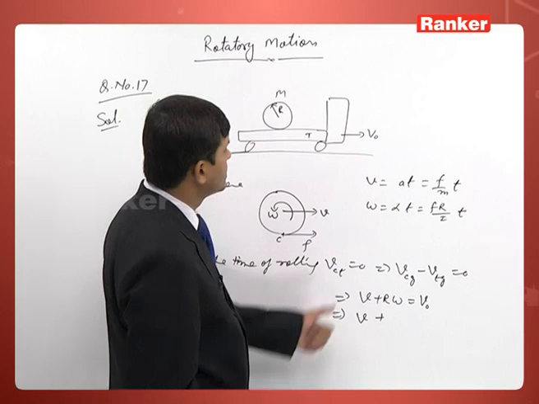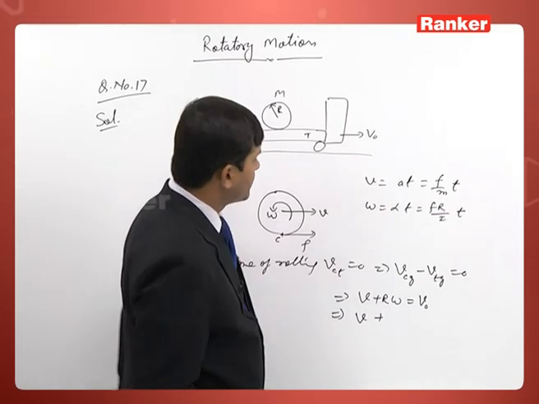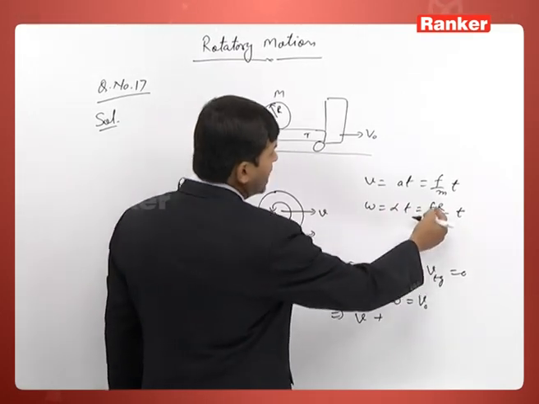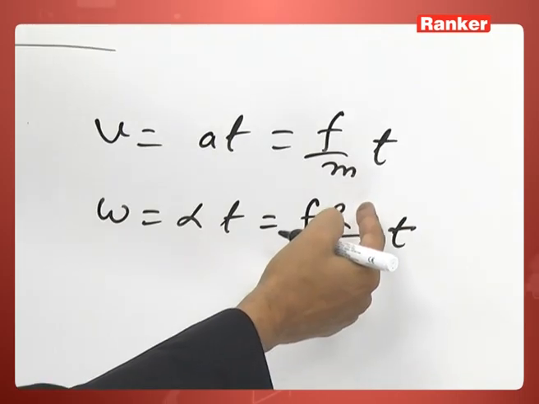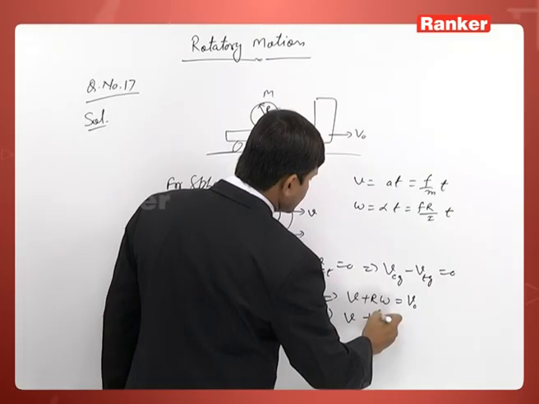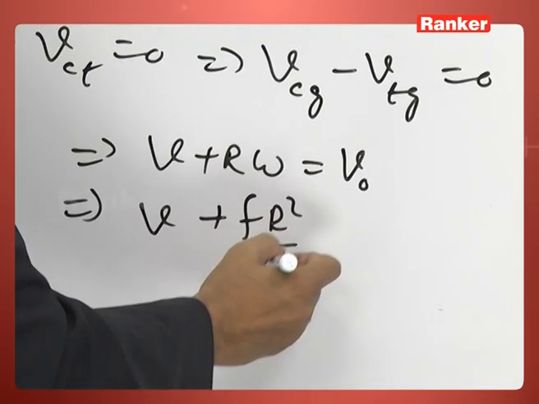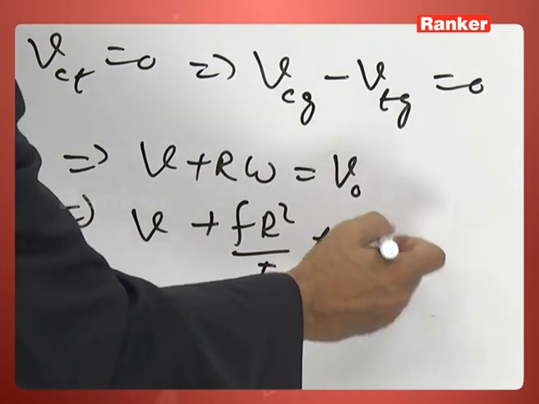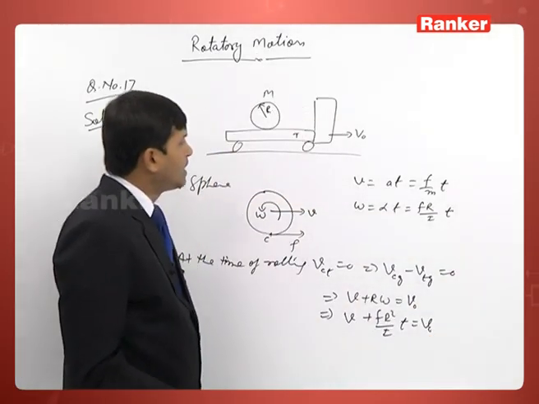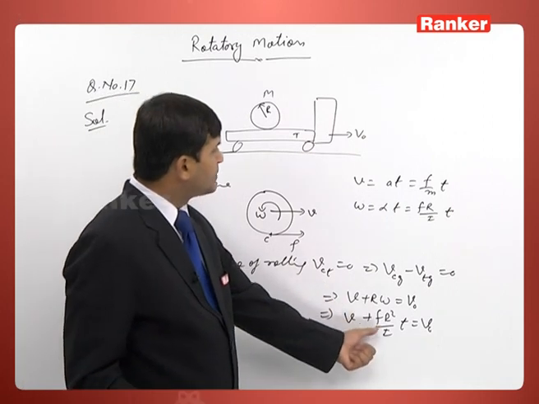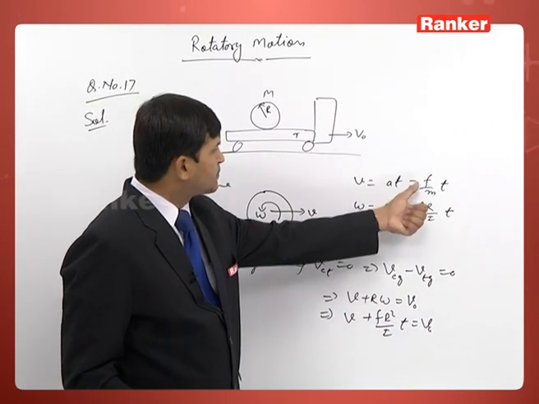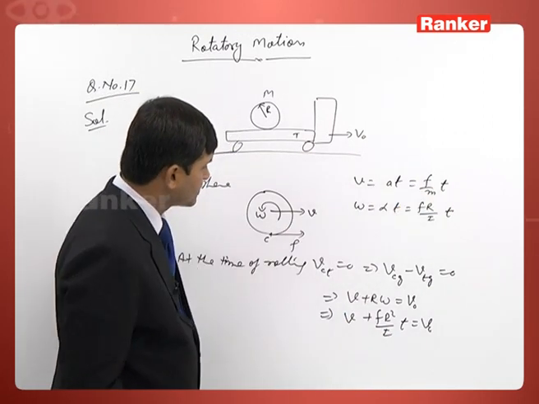So R omega we can get from here: f R square by I into t equals V naught, and f into t we can put from here as m into v.